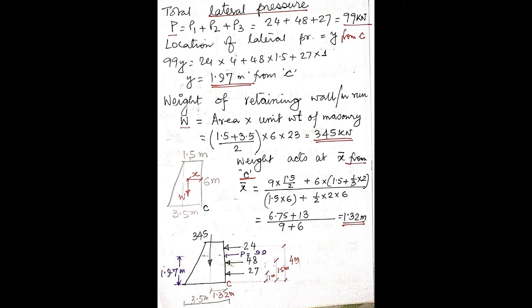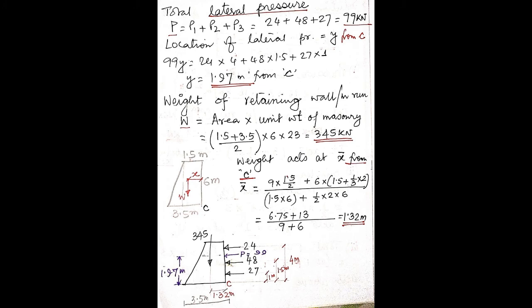So 99 multiplied by y, the moment of this resultant lateral force, is equal to 24 into 4, 48 into 1.5, 27 into 1. All we are taking moment about the point C, and that gives us y equal to 1.97 meter from C, which I have shown with the violet color.